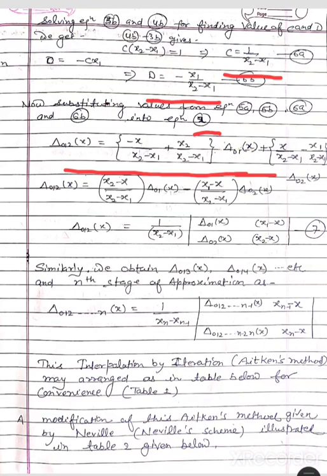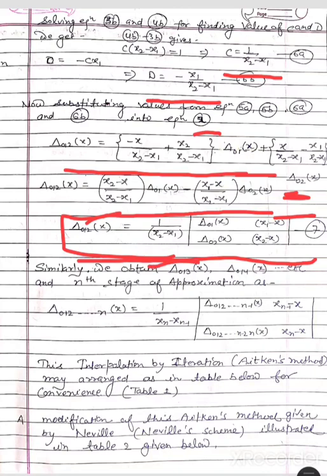Now we can write, after solving this, this equation in the determinant form as given by equation 7. So we obtain the expression for delta 0 1 2 x, the second approximation, given by equation 7.